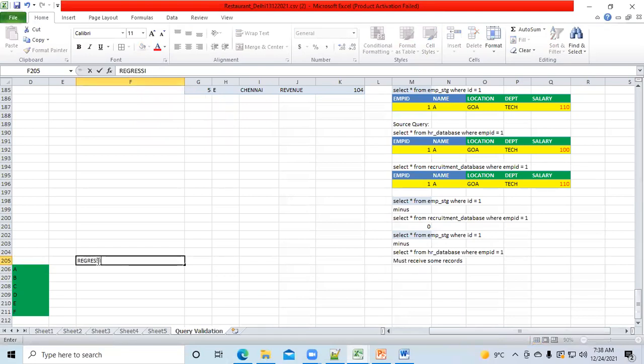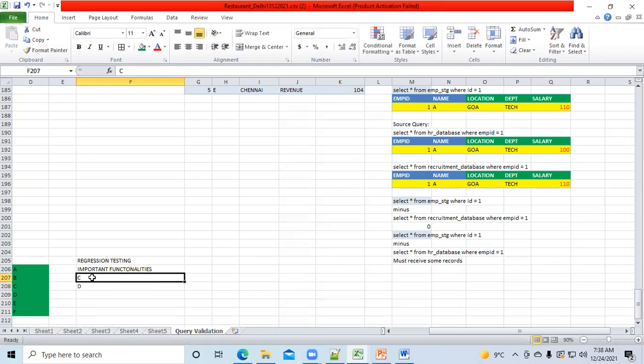Now, what is regression testing? In regression testing, out of these A, B, C, D, E, F functionalities, suppose your important functionalities are C and D. These are very important functionalities. Why am I saying these are important?